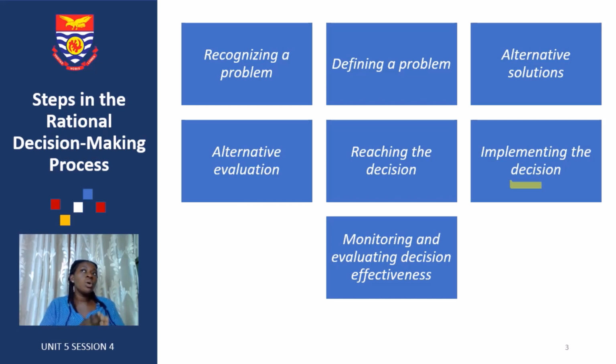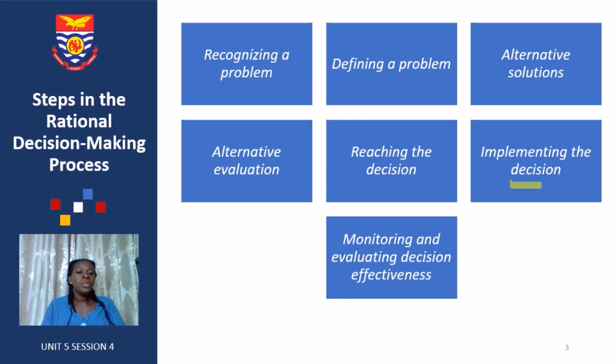You need to monitor and make sure that the solution you've brought is really being carried out the way you want it to be done, by who is supposed to do it, when it's supposed to be done, and how it's supposed to be done.